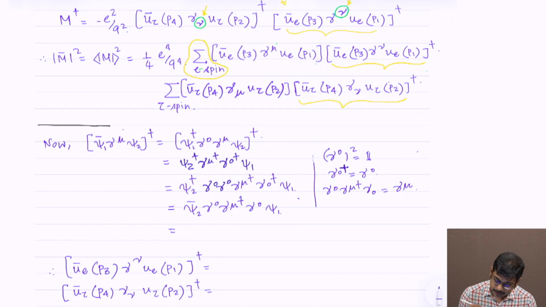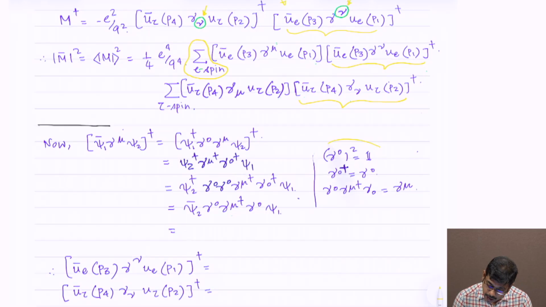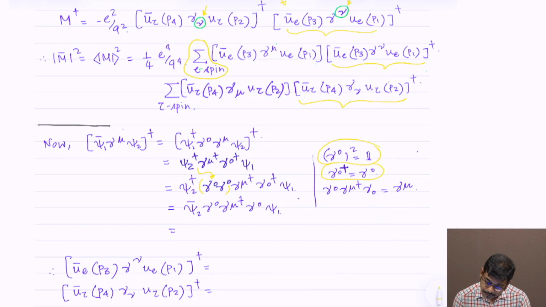Now what I am going to do, using the fact that γ^0 squared is essentially identity, is insert one γ^0 squared at this position. So I have inserted one γ^0 squared, and then I have this γ^μ†, γ^0†, etc. Then I am also going to use the fact that γ^0† is γ^0.